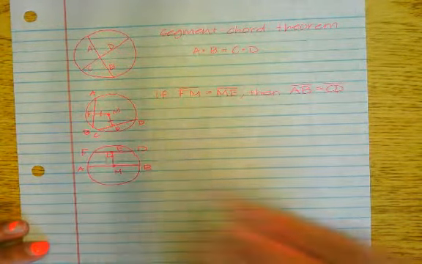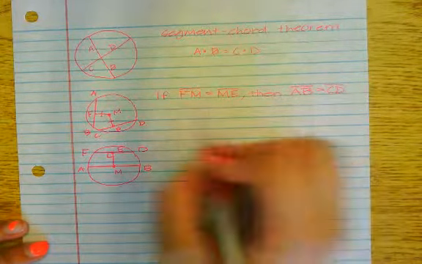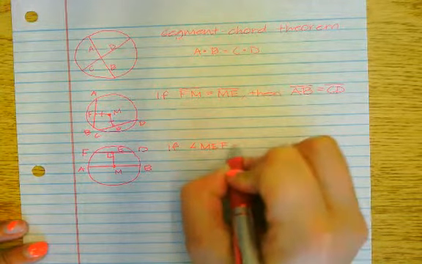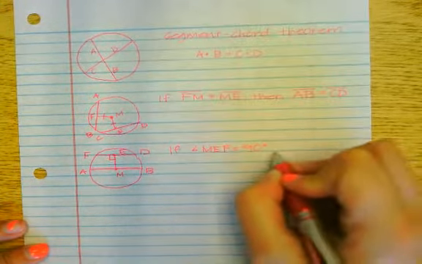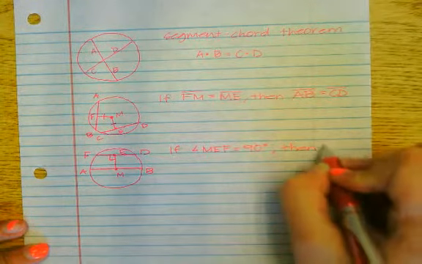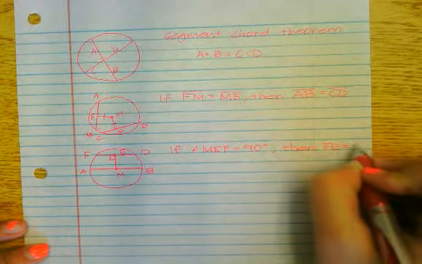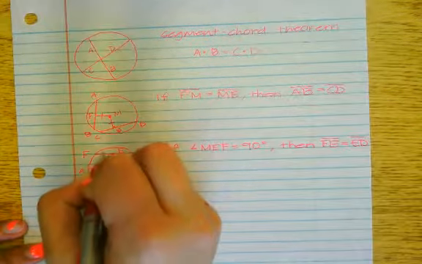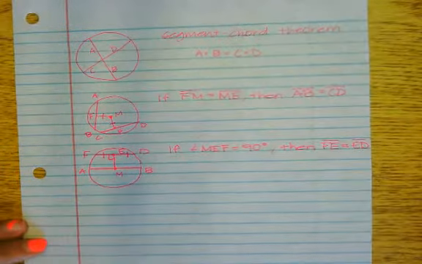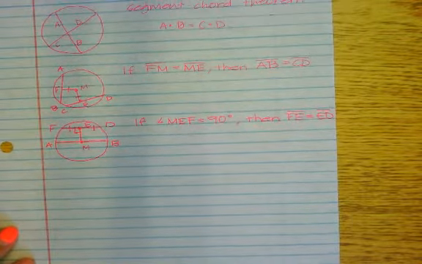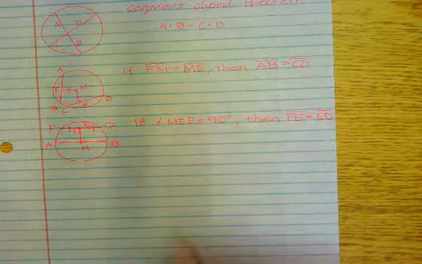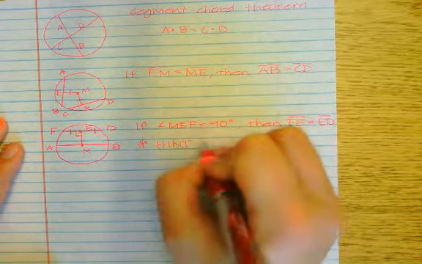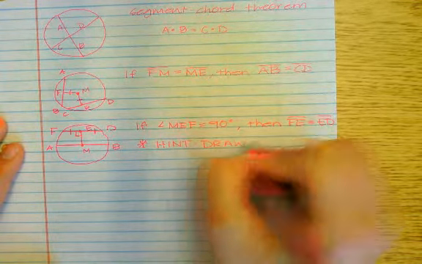So if angle MEF equals 90 degrees, then FE is equal to ED. So then these two pieces are congruent. Hint, draw right triangles.